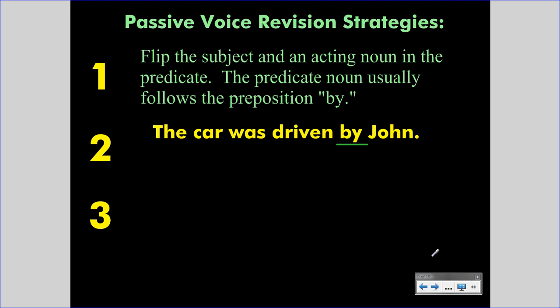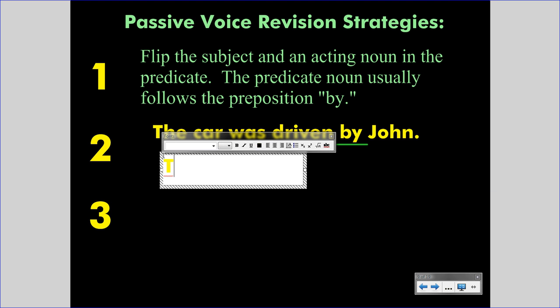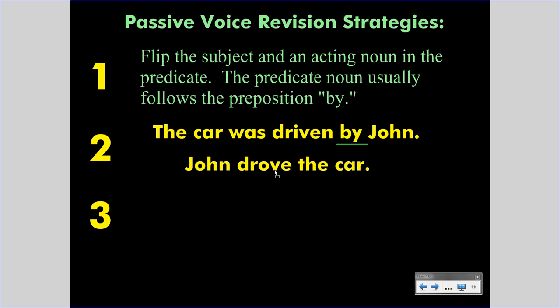When you see the by, quite often whatever follows the by is your acting subject. So all you have to do is flip. There you go. Now it's no longer passive. John is driving the car. That's the first and easiest revision, but it's rare because you must have a by phrase.